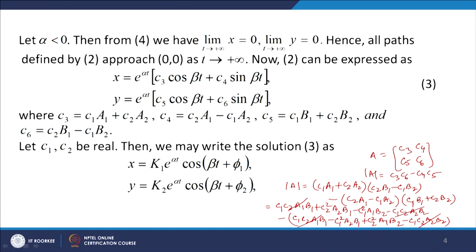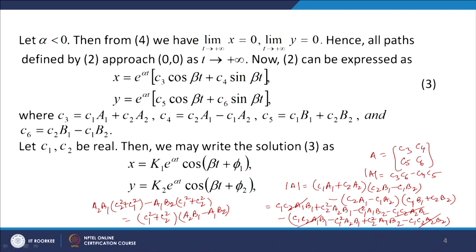What do we get then? a2 b1 times c2 square plus c1 square, and a1 b2 times c1 square plus c2 square. So, determinant of A is actually c1 square plus c2 square times a2 b1 minus a1 b2.